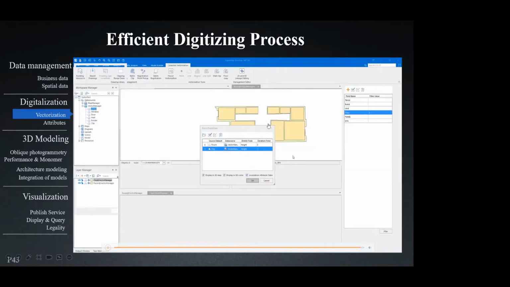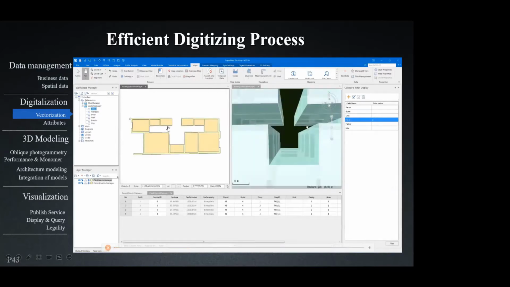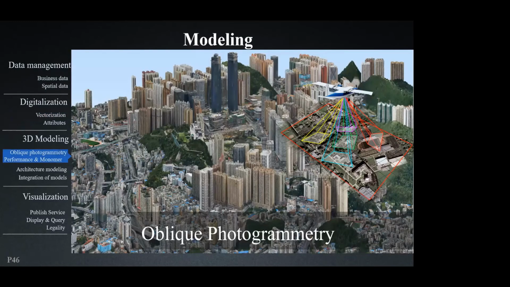So here we can get the 2D cadastre vectorization result, and at the same time we can construct the 3D model. And then after the vectorization, as I mentioned, it is necessary to construct a 3D system.